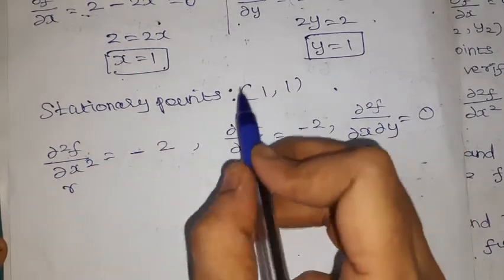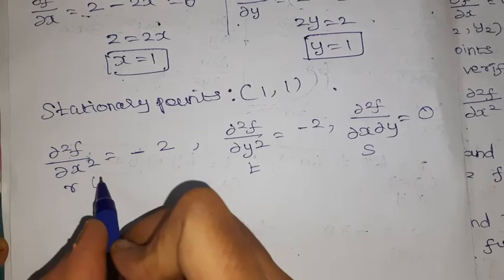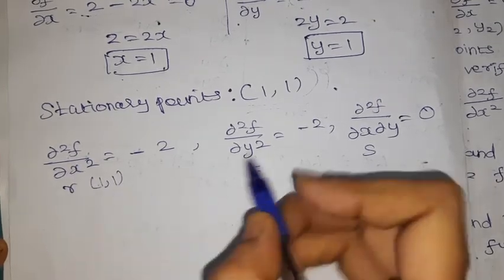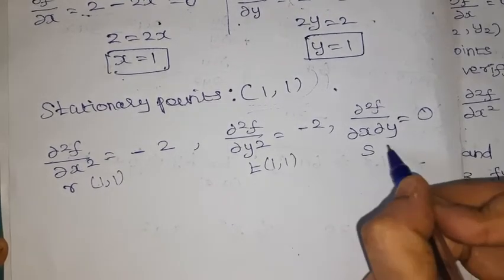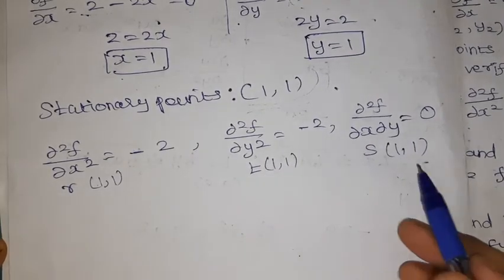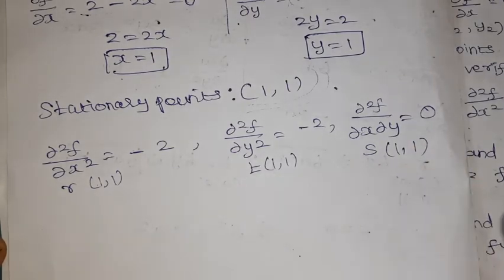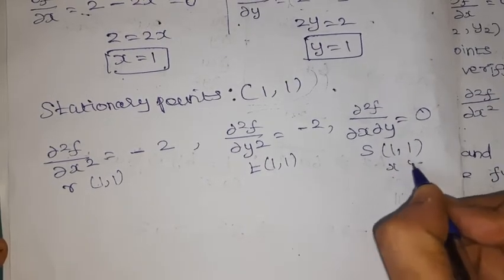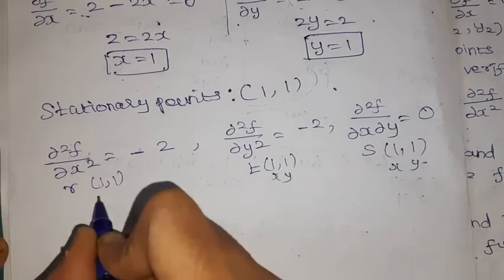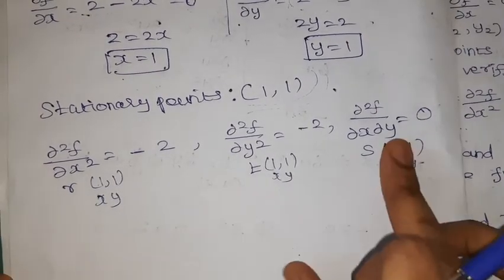At the stationary point, we need to substitute 1 comma 1 in dou squared f by dou x squared. See, all three are constant. If it is a function of x and y, we can substitute x equal to 1 and y equal to 1. Now, these are all constant.